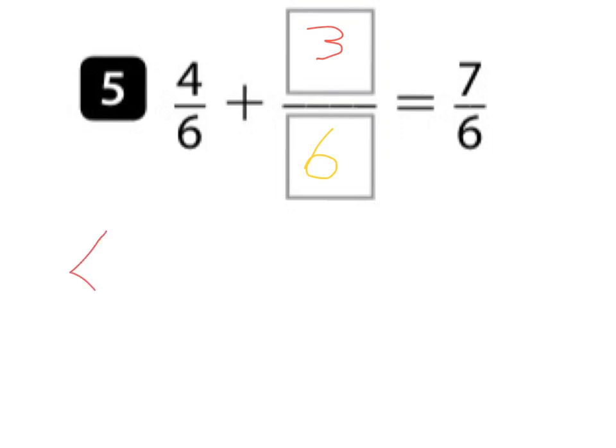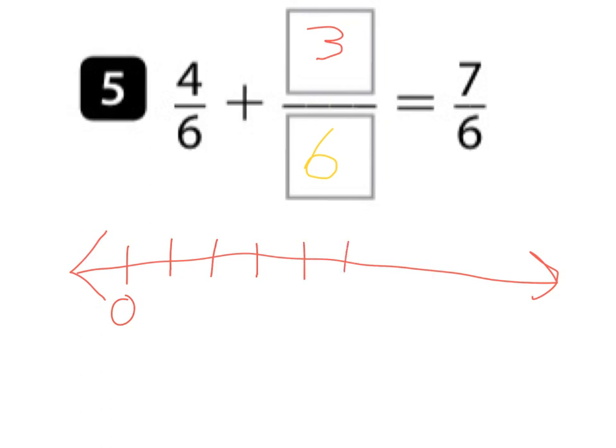Alright, we're going to go ahead and do a number line on this one. Since we have 6 for our denominator, let's go ahead and put 0. Let's count to 6. You ready? 1, 2, 3, 4, 5, 6, 7, 8, 9. Alright, we'll stop right there at 9.